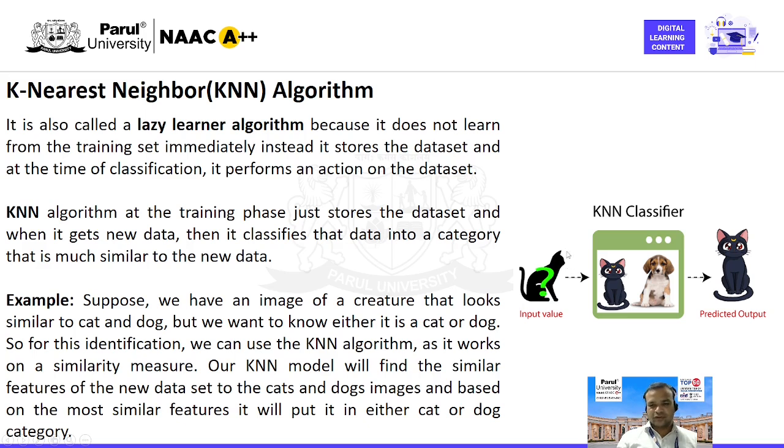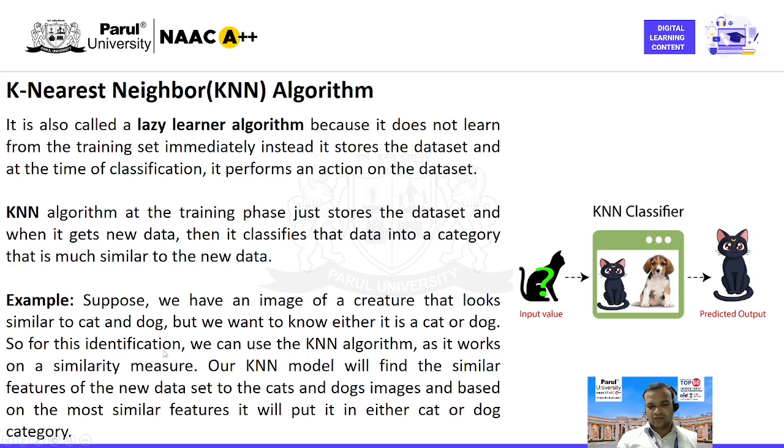No, because this is a creature. It is similar to a cat or a dog, but you don't know what it is. So we want to know whether it is a cat or a dog.